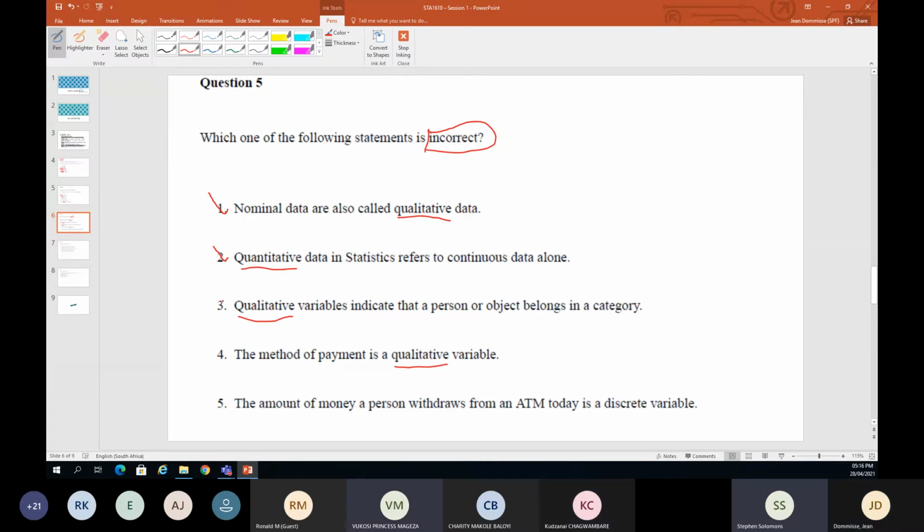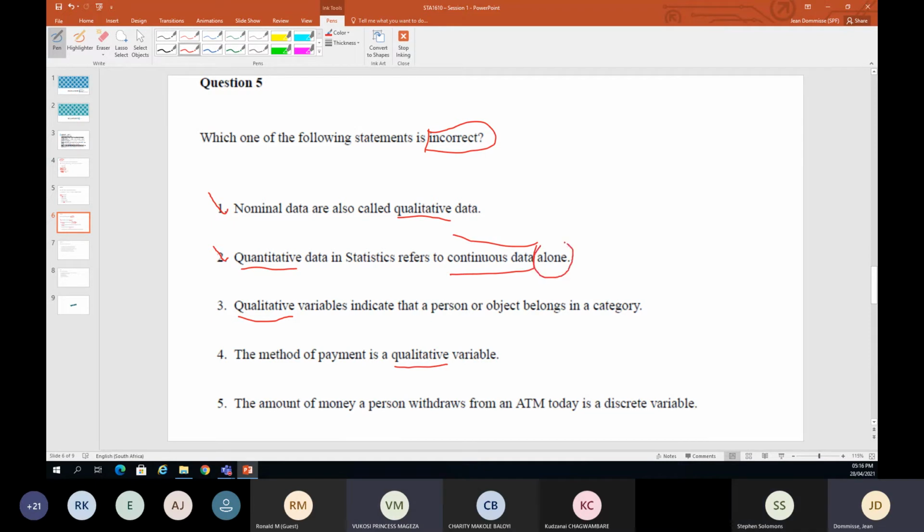I disagree with you with regards to number 2. And why? Because it's continuous and discrete. Okay, and I think that is important. Quantitative data in statistics refers to continuous data: if it was only that, then it would have been correct. I understand that.